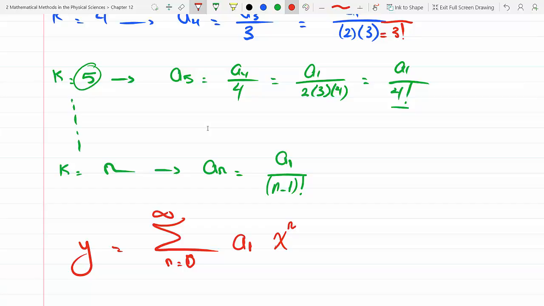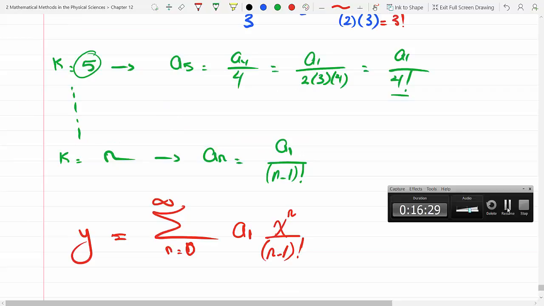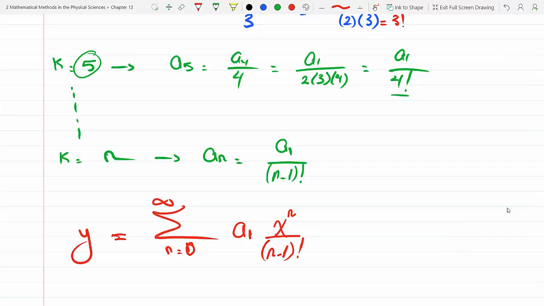So if n is 0, we're going to get 1 here, divided by n minus 1 factorial. I could pull the a1 out if I need to, but that's basically what this is. Okay, there's many ways to write this, and this would be an acceptable final answer.